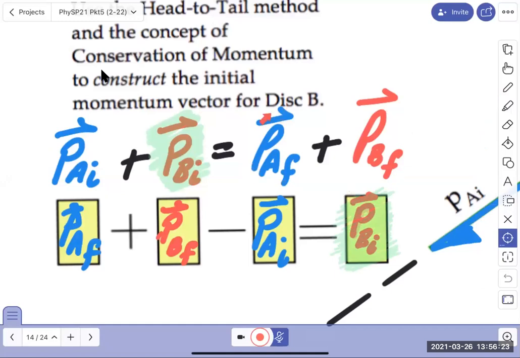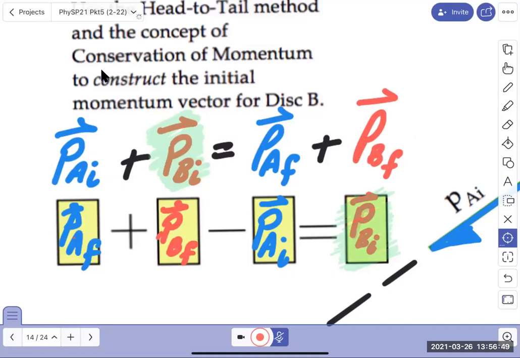And so then I just said, if that's the algebra, I'm just going to solve for PBI, which means I move PAI over to this side. For some reason, I have it set up that way. I don't like that. I'm going to change it this summer so that PBI is on the left and these 3 are on the right. But it's still the same equation. So that's where I got that. Does that make sense? Conservation of momentum.